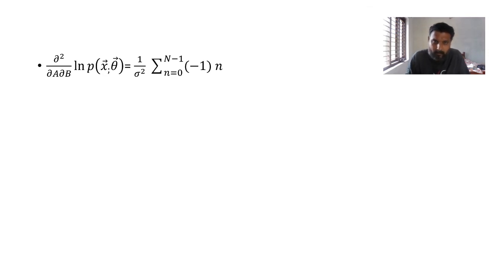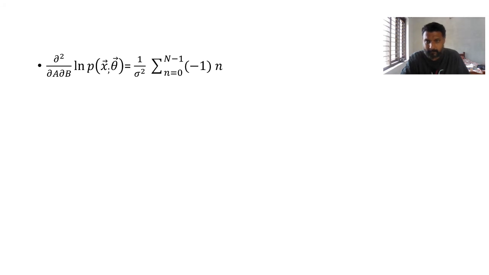Because ∂/∂a ln p(x;θ) is nothing but 1 by σ², sum n equal to 0 to N minus 1, (x[n] minus a minus bn). If you take the differentiation with respect to b, only bn is there, so with respect to b it will be minus 1 into n. I think it is clear for you people. So that changes to 1 by σ² times minus n.